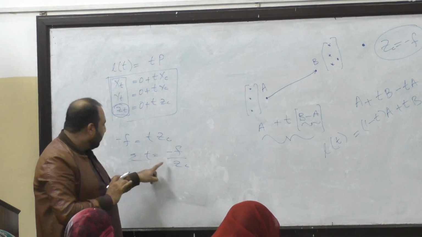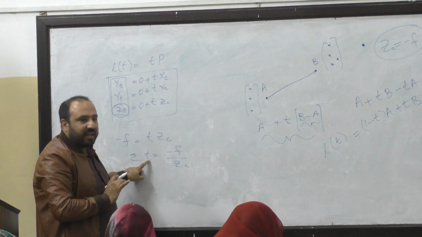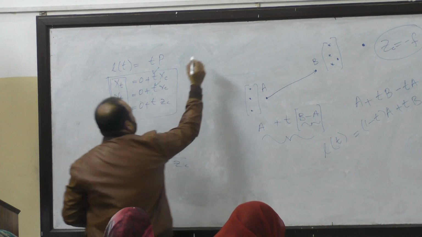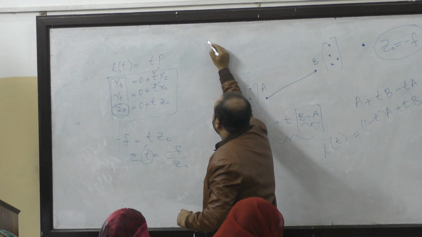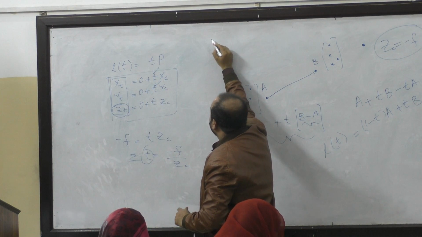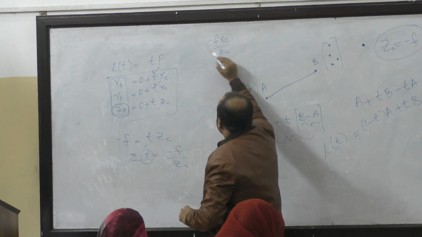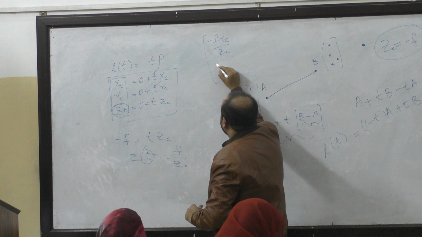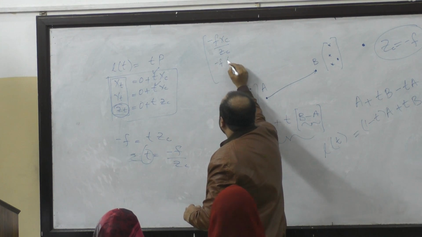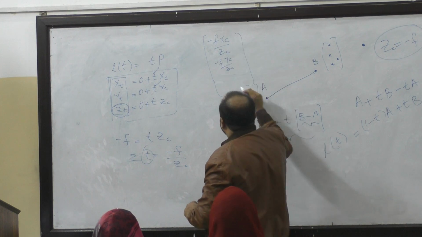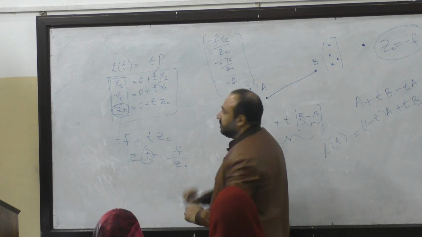So with respect to this t, what is that point? Let's plug in this t here and here. So that point is basically -fxc over zc. This is the x coordinate of the point. Y coordinate of the point is -fyc over zc. And the z coordinate of that point is -f.